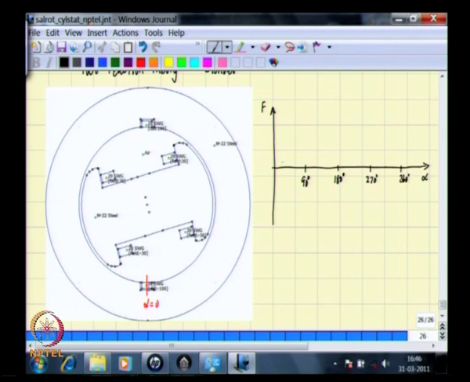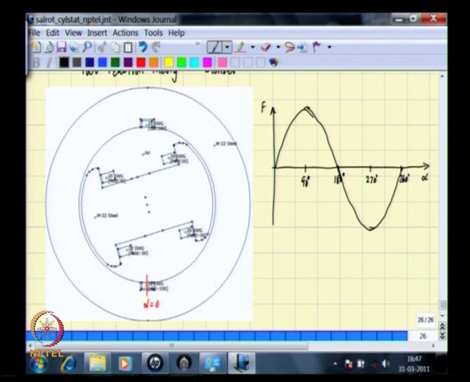So the MMF distribution, since we have considered it to be sinusoidal, will look like this. It reaches a peak at 90, then at 180 it goes to 0, reaches a negative peak at 270 and then goes to 360 degrees. This is the fundamental component of the stator MMF, the variation as you travel around the inner circumference.